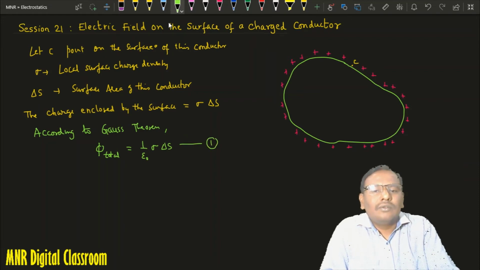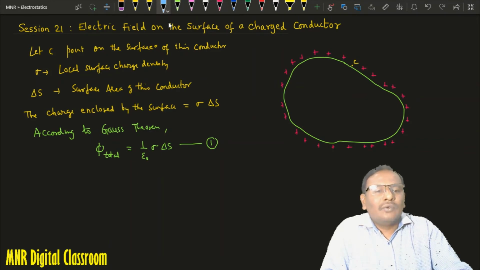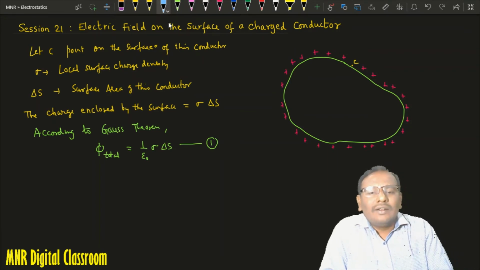Now, for the Gaussian surface, to find the total flux, first let us evaluate the flux emerging locally at point C. For that, let us imagine a cylinder CD as the Gaussian surface.